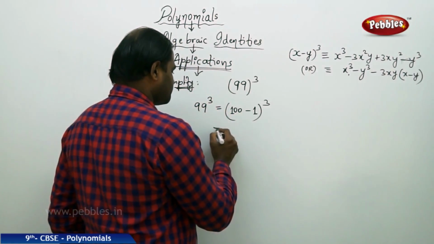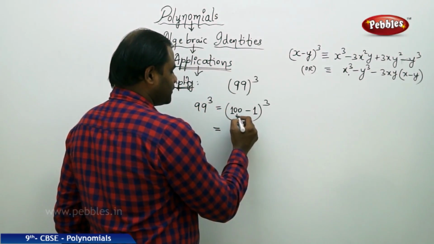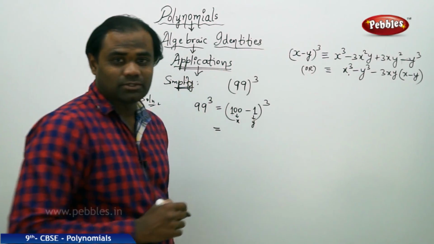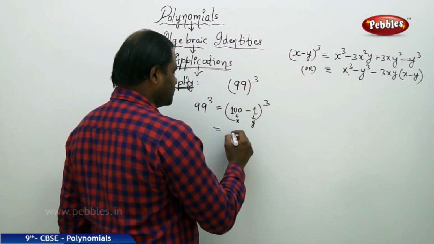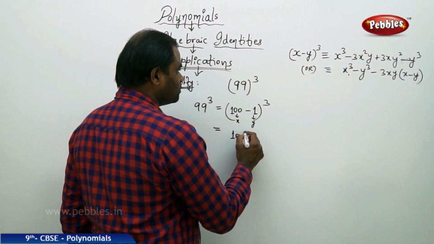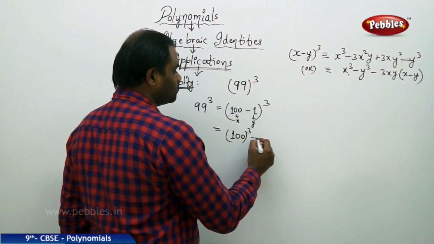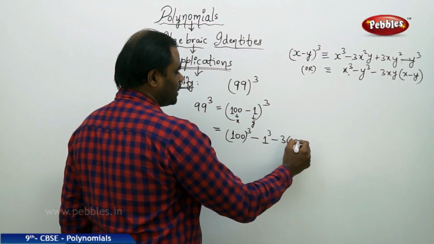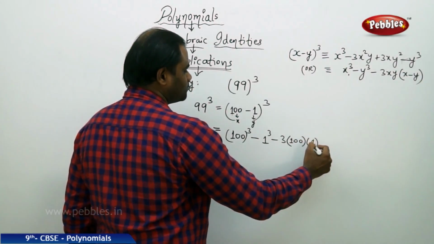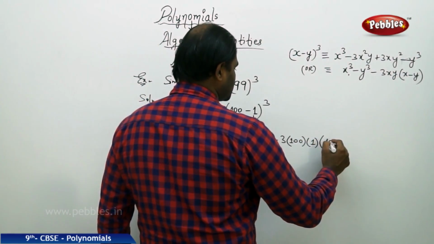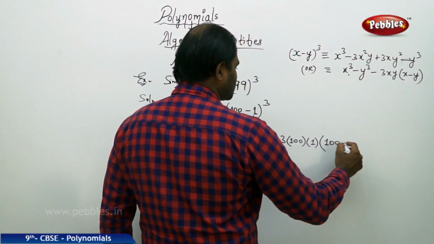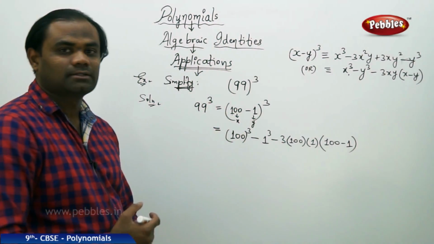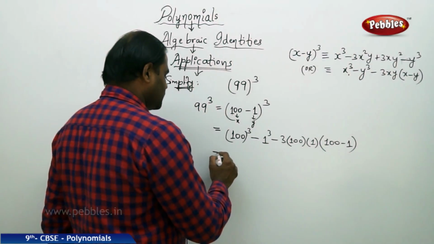I treat 100 as x and I treat 1 as y, so that this gets reduced to x cube, which is 100 cube, minus 1 cube, minus 3xy into x minus y.